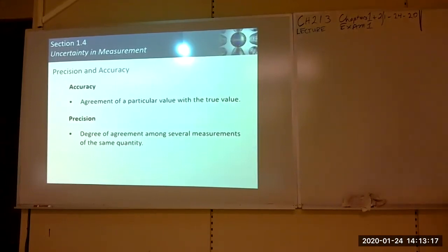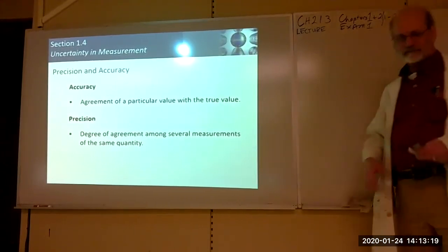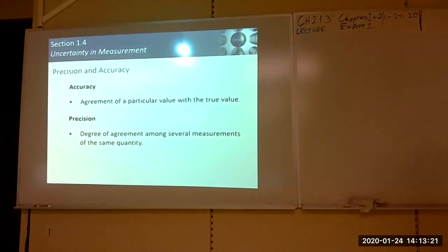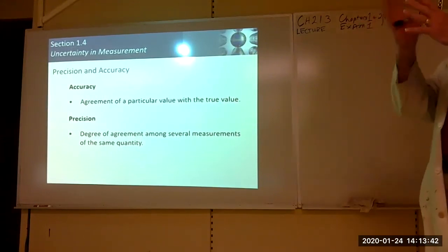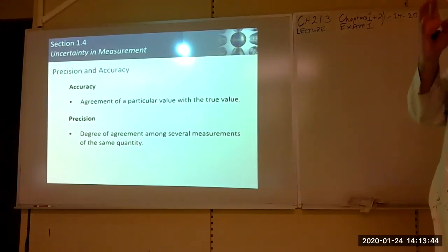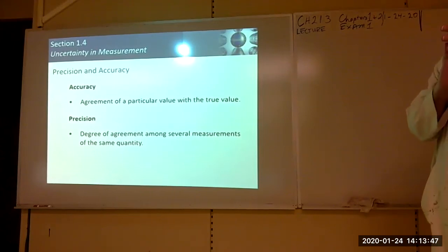Now, what's the difference between accuracy and precision? There are two possibilities for accuracy. The rarer one is you have an idea, you know what the true value is. And then when you make a measurement, the difference between your measurement and the true value is a measure of the accuracy.